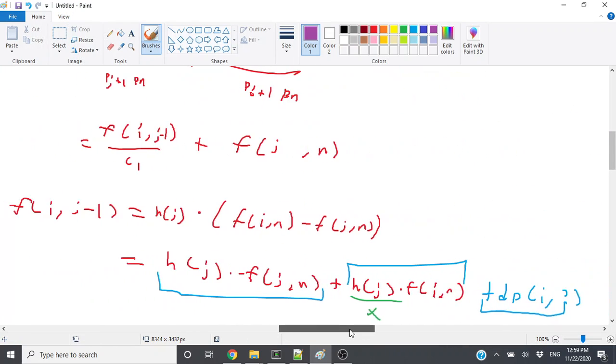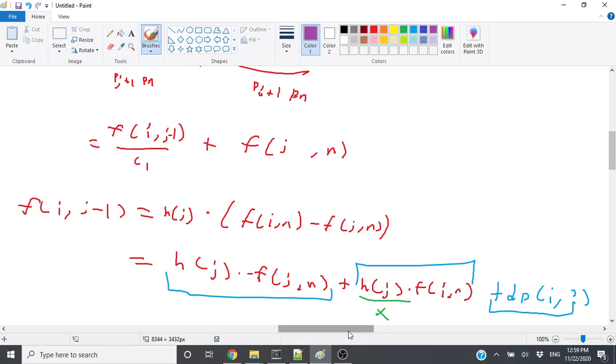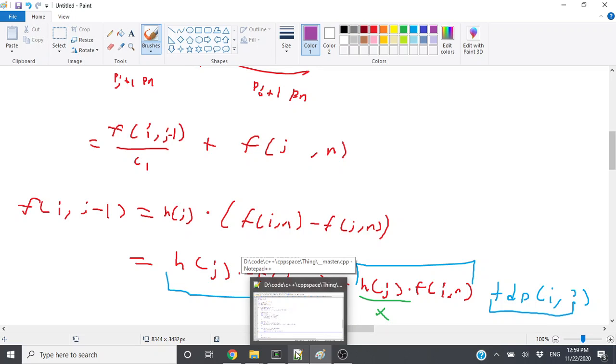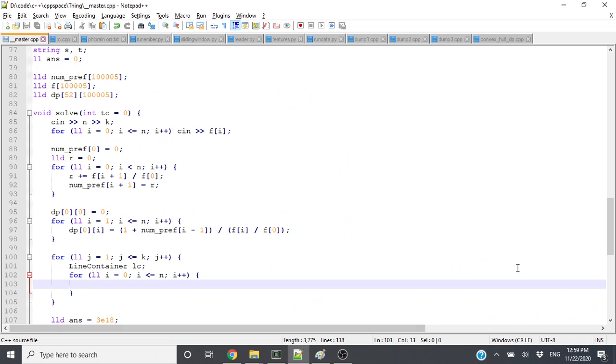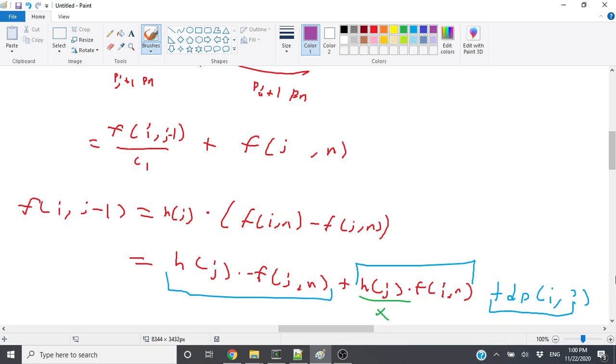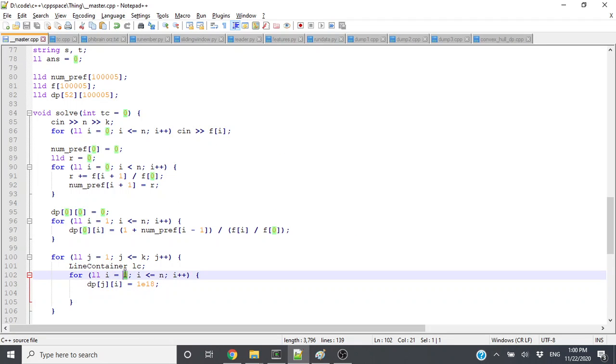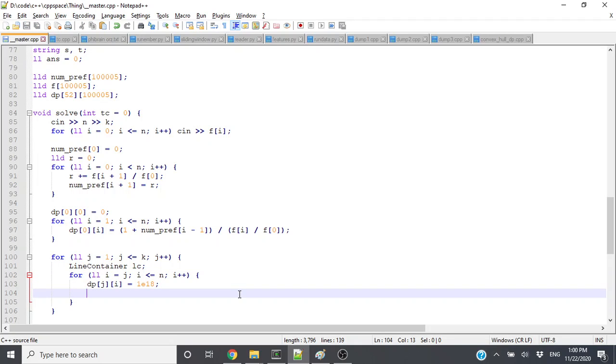now we figure out this. dp j i equals 1e18. Now, I should probably just start at j. Yeah.